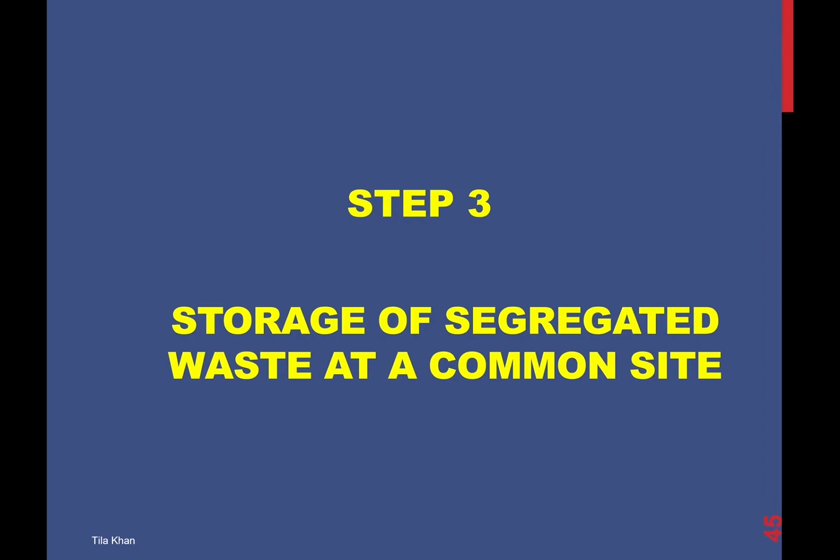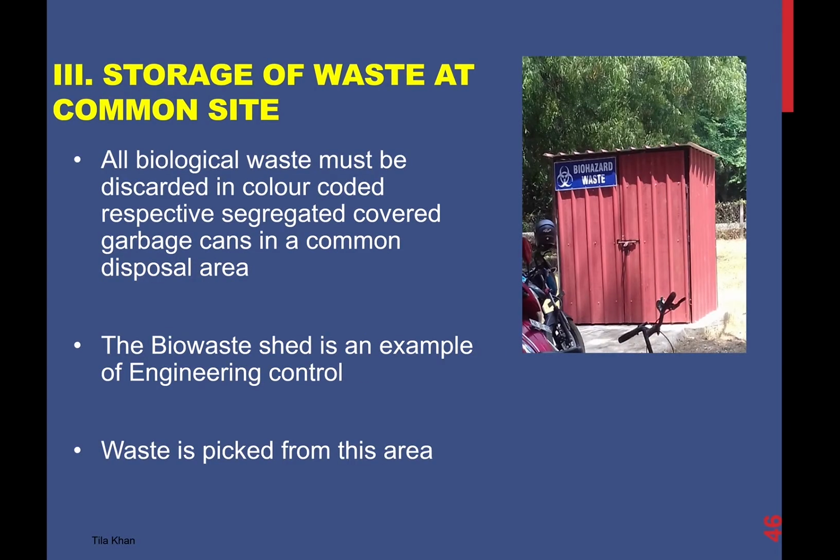So the third step in the disposal of waste is storage of segregated waste at a common site. All biological waste must be discarded in color-coded, respective, segregated and covered garbage cans in a common disposal area.